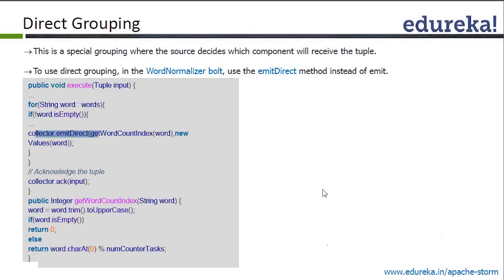So in this execute, you're taking an input and emitting some kind of a number, right? No, when I say emit direct, get word count index returns a number to me, let's say 1, 2, 3, or 4 for the sake of simplicity.